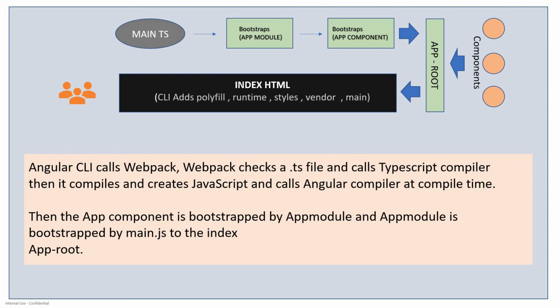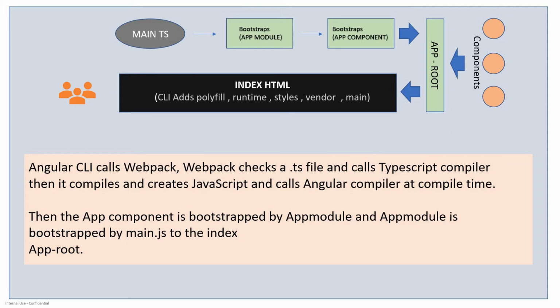One is the code flow, how it binds the application, and second, how it actually works for a complex application. First, we'll see what main.ts is doing. main.ts has a bootstrap of one module, so one module is bootstrapped by main.ts into the index. And this app module would be bootstrapping the app component.